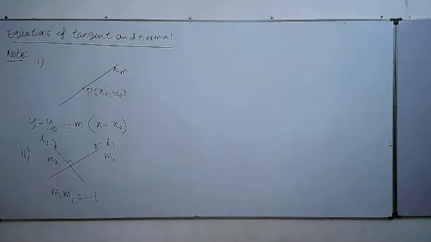Let the lines L1, L2 with the gradients M1 and M2 respectively are perpendicular to each other.